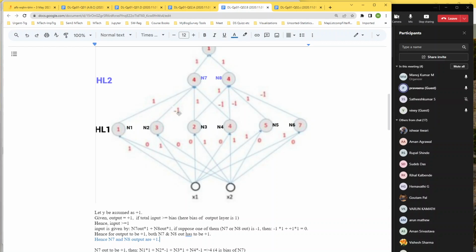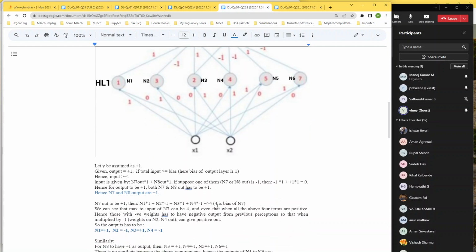Same like bias, we need the output the same like this weight. Like 1 into 1 will be 1, plus minus 1 into minus 1 will be 1, so 1 plus 1 again like this. We need the same outputs: 1 minus 1, 1 minus 1.